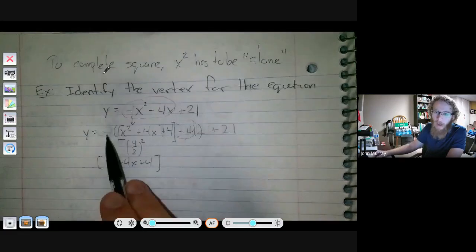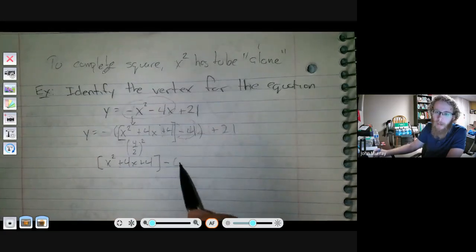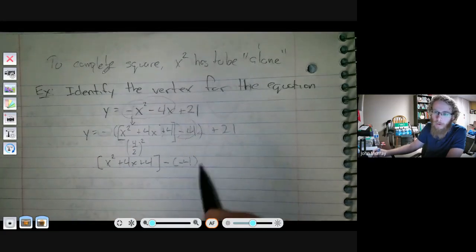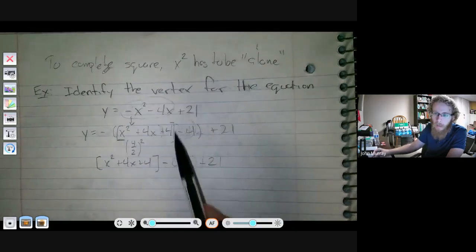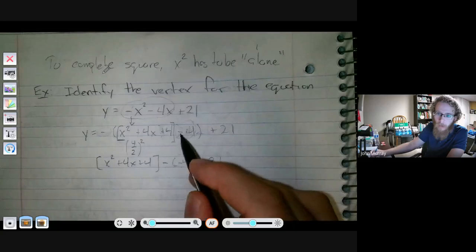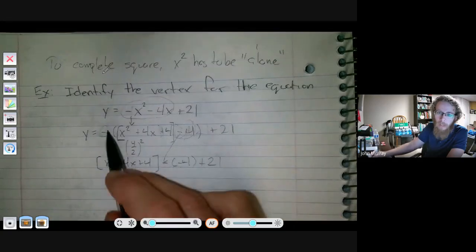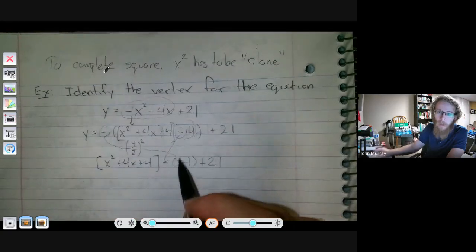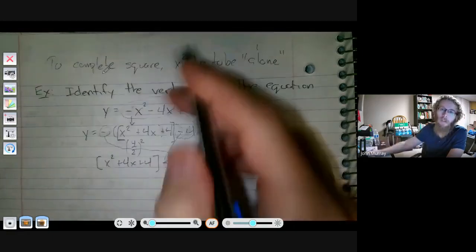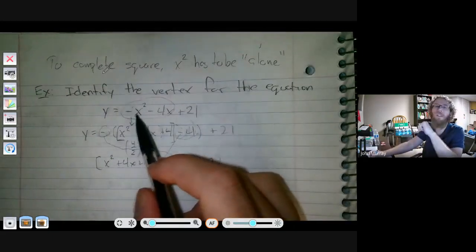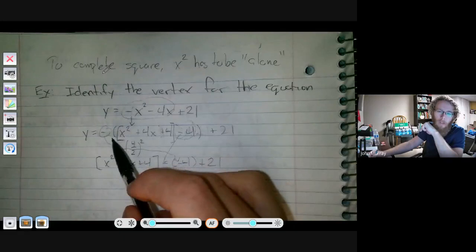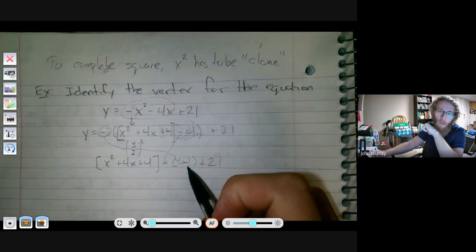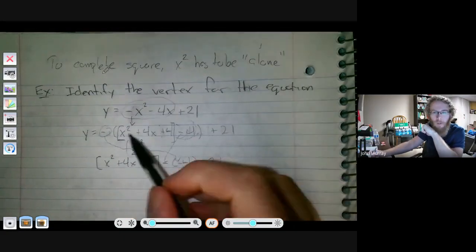Now out here, I have minus negative 4 plus 21. So again, this negative got brought out here, but then this negative came along for the ride. If you factored out 2 and had a 2 out here, you would multiply that 4 by 2 because you're pulling it out from the parentheses.